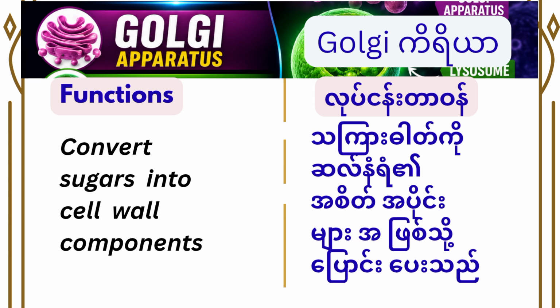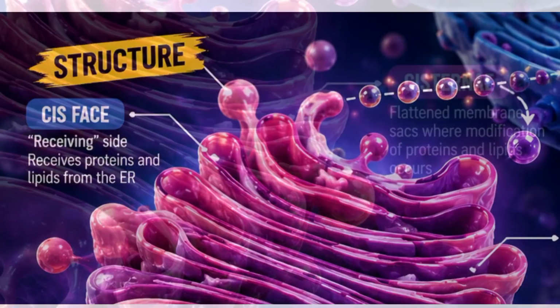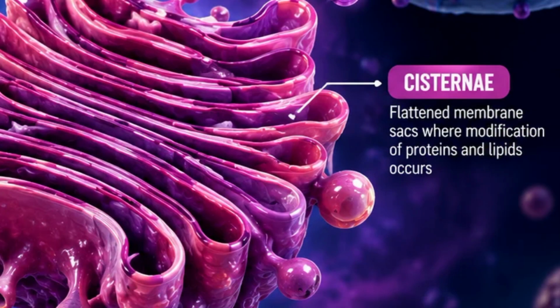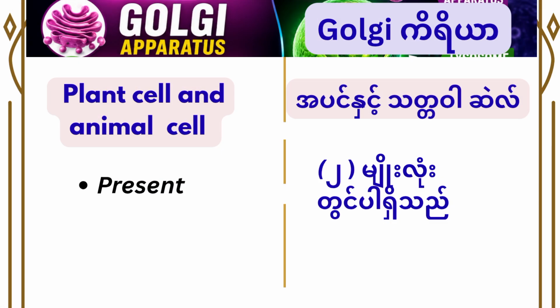Convert sugars into cell wall components. Make lysosomes. Present in plant and animal cells.